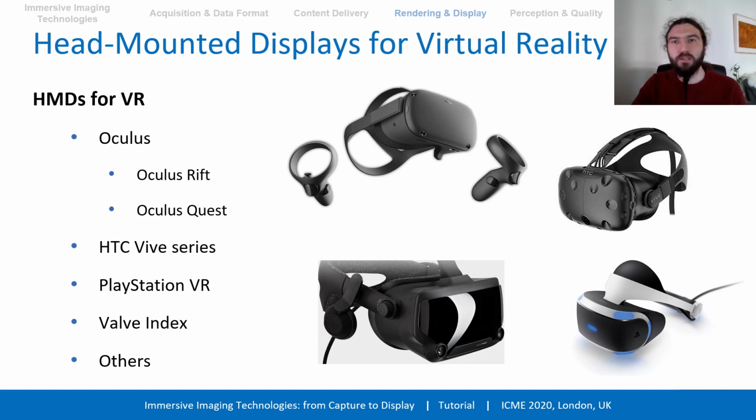Most of these devices now provide at least full HD displays with 72 to 120 FPS frame rates. So rendering needs to be fast, and these devices need to have good algorithm design and hardware at the same time. Most of these devices, except for Oculus Quest, need to be connected to a powerful VR-ready PC for their rendering needs.